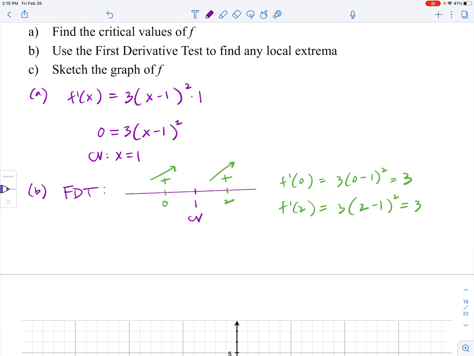So the graph, we know polynomials are smooth continuous functions. There's no points of discontinuity. So that means the graph will be increasing everywhere, negative infinity to positive infinity. And there won't be any local extrema.